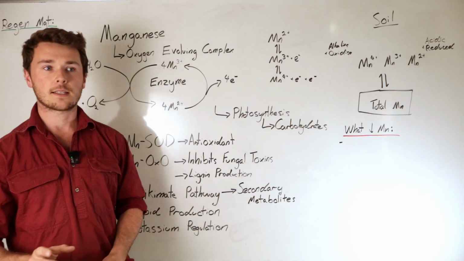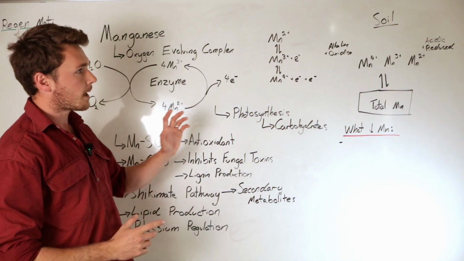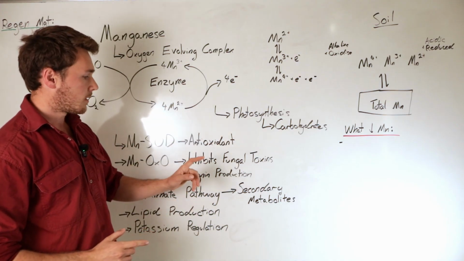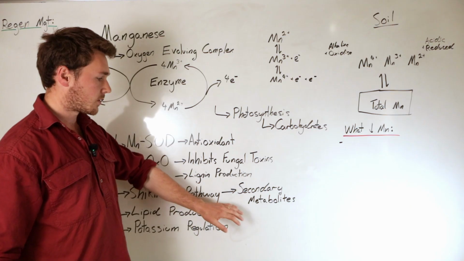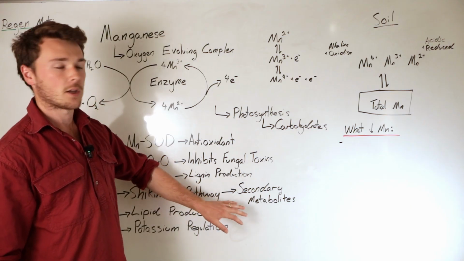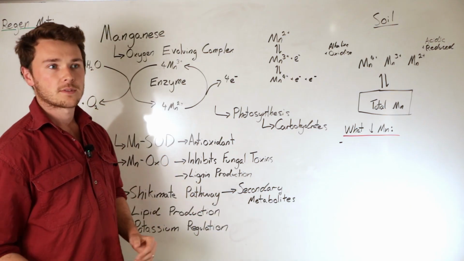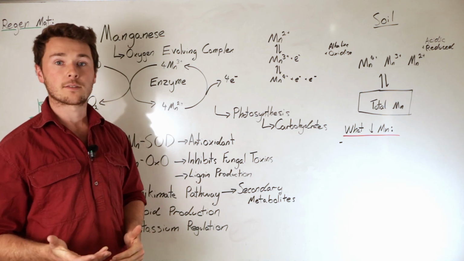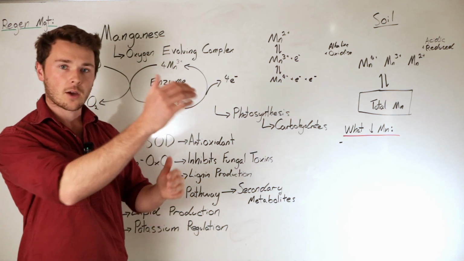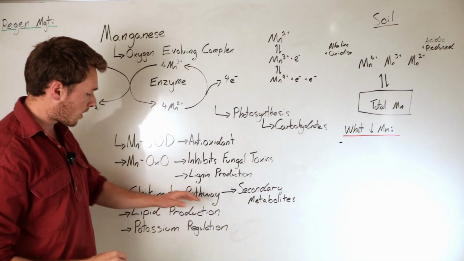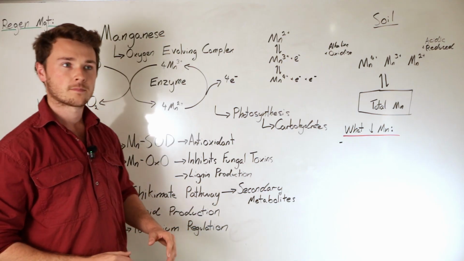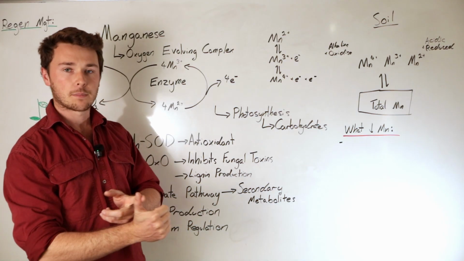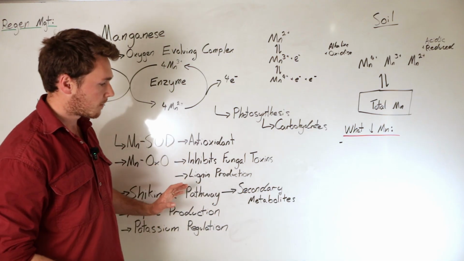What I'd suspect is that because of the soil health, and we'll talk about that in a moment, you get an increase in manganese, which then contributes to increased secondary plant metabolites, as well as a whole other bunch of functions, which is more related to the plant health pyramid and going down to lipid production. But overall, you need manganese for both your increase in photosynthetic ability, but also the shikimate pathway, which produces these secondary plant metabolites.